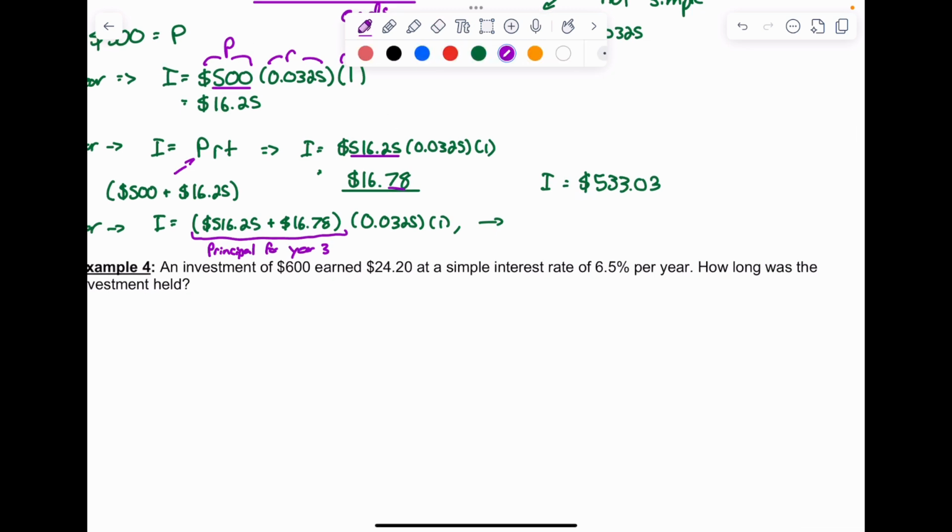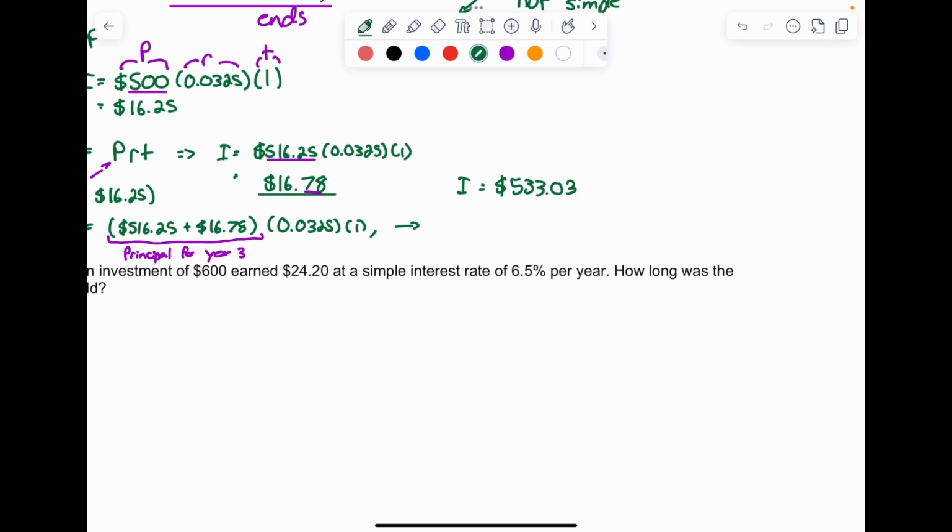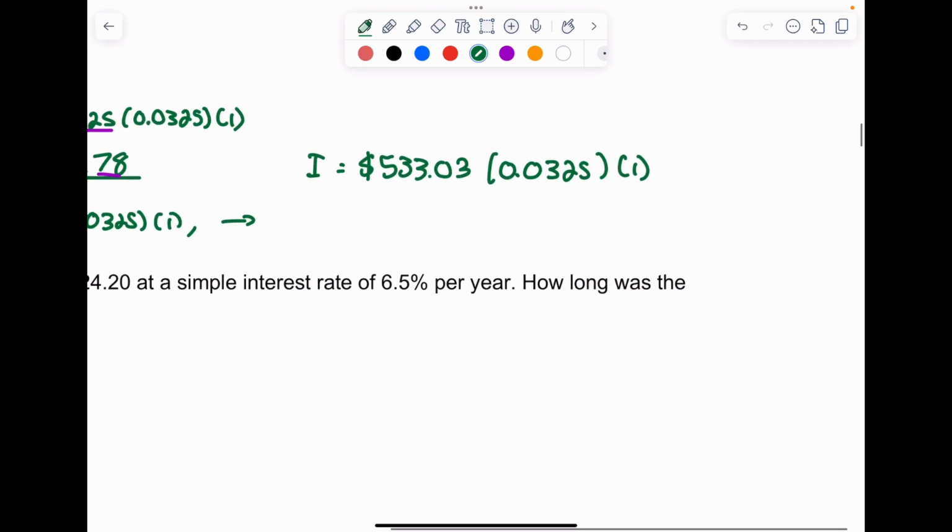That's what makes compounding so good, okay? But again, we'll cover this in more detail next lesson. But just so you see the effect, 0.0325, and then 1. So the interest you are earning now would be 17.32. Okay.